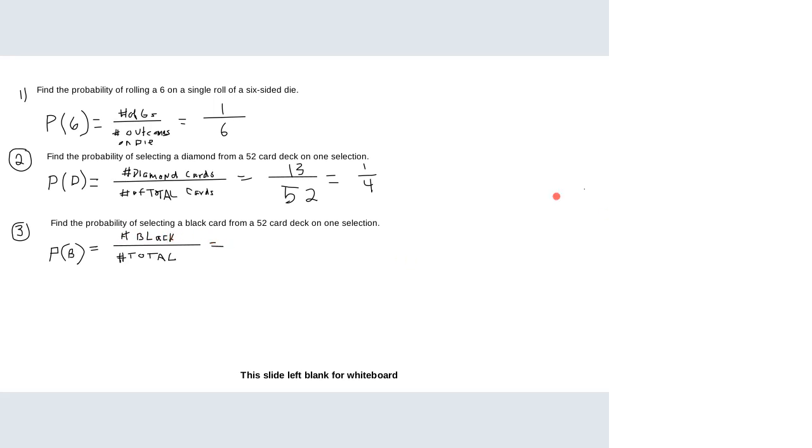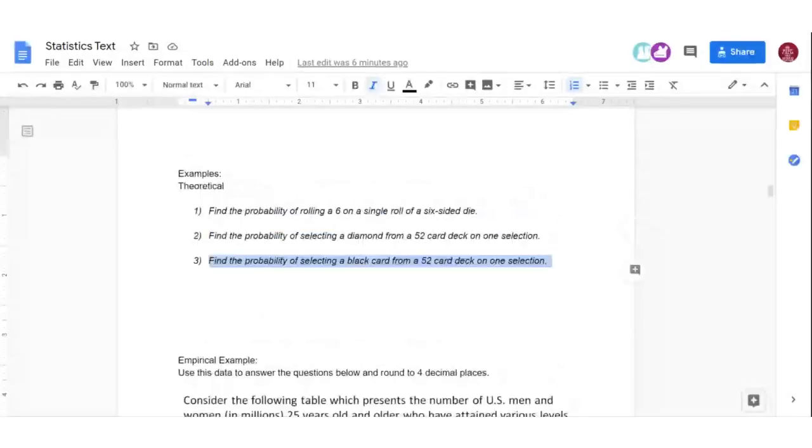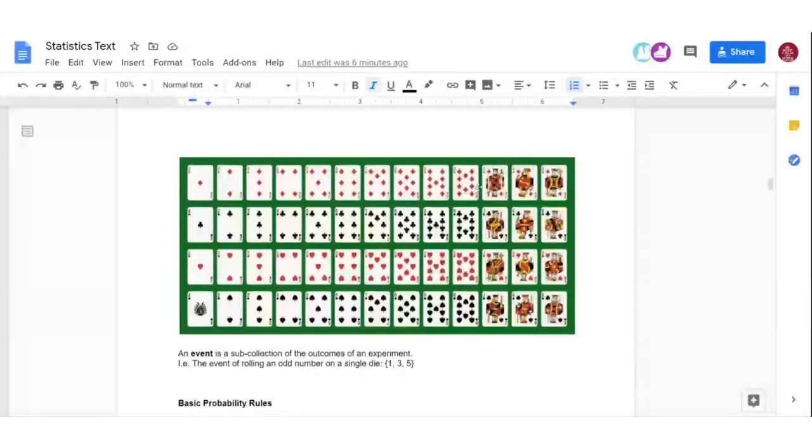All right, so still 52 cards. Now the number of black, well, let's go back over and see. If you'll notice, there's one set of black cards that are called the clubs and one set of black cards that's called the spades.